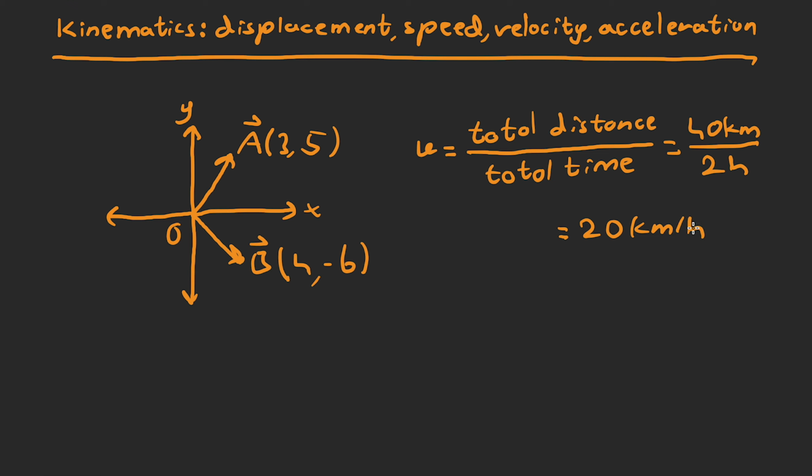That's pretty basic. But velocity takes a measure of your displacement. So your velocity is the change of position, or your displacement in this case, over the change of time. If you don't know what this symbol is, it's a Greek letter called delta.